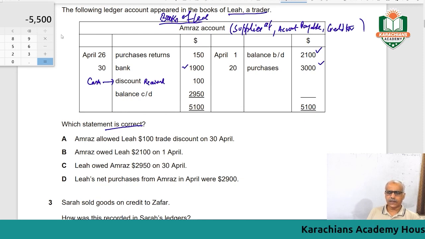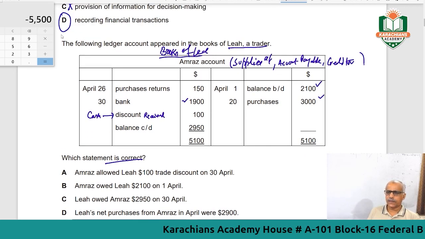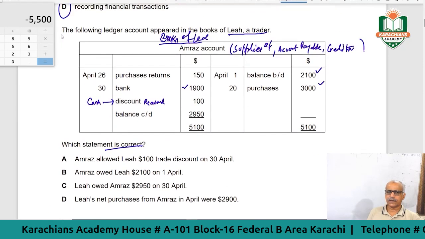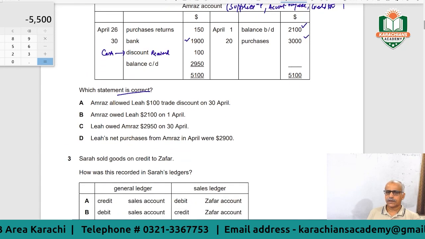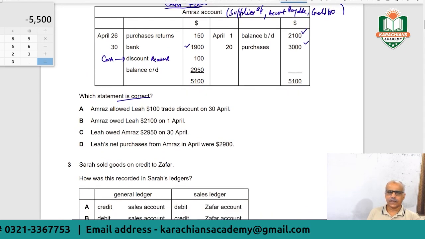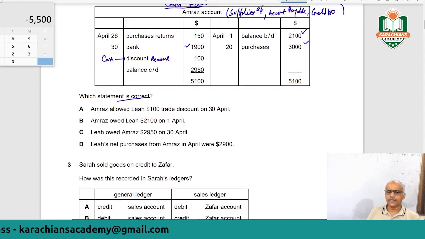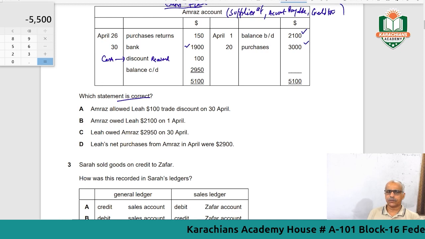Which statement is correct? Amre allowed Lee 100. So this discount is given by Amre to Lee.